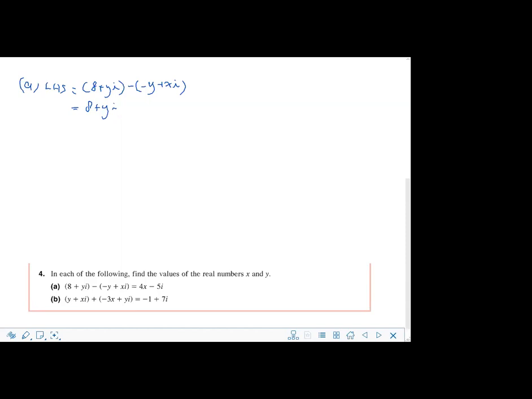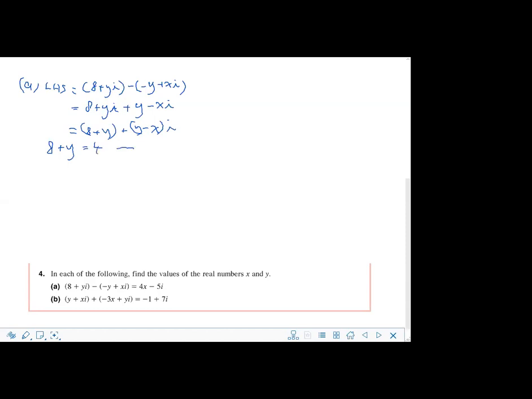So we remove the bracket. But in class I will try to write more clearly. If you are not sure which steps can be skipped, you can ask me. So for the real part we have 8 plus y, and for the imaginary part we have y minus x times i. So we may set 8 plus y is equal to 4.